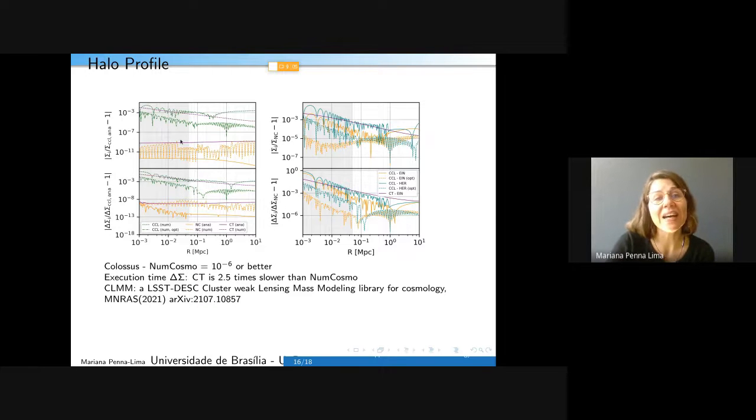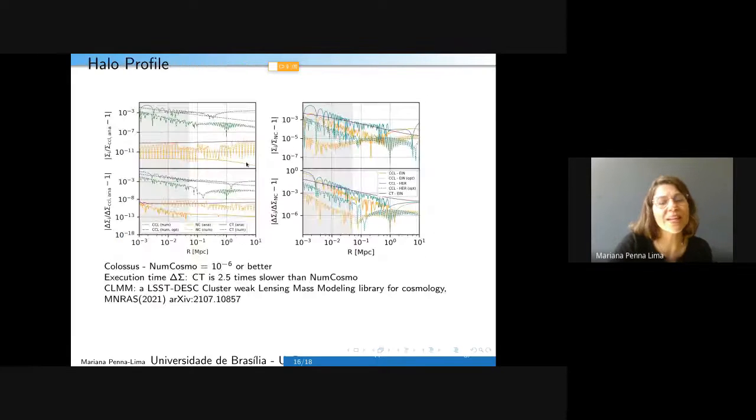And we show here this comparison made with NumCosmo, CCL, and Cluster Toolkit compared with Colossus, and we have a great agreement between Colossus and NumCosmo, and not so well for Cluster Toolkit and CCL, where in some range we get this 10 to minus 3 relative error between the libraries, okay?